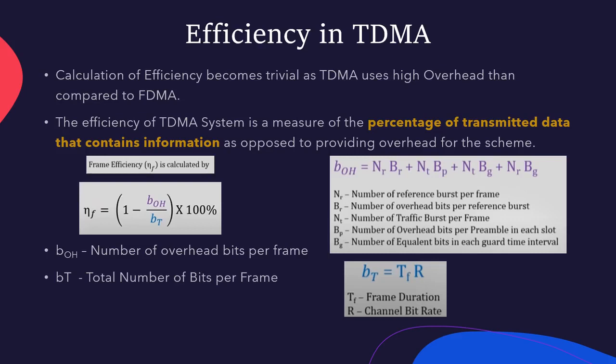BG represents equivalent bits in each guard time interval. The total number of bits is calculated by the expression BT equal to TF times R, where TF represents frame duration and R represents channel bit rate. So the total frame efficiency can be calculated by substituting the values of these two equations.